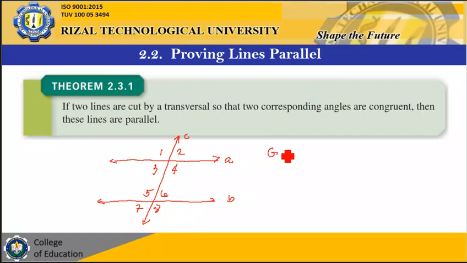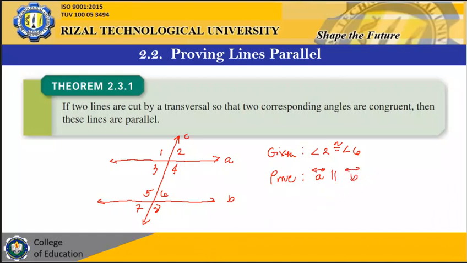Given, according to our hypothesis, let's say angle 2 is congruent to angle 6, because we know that angle 2 and angle 6 are corresponding angles. What we are to prove is the conclusion, which is that line A is parallel to line B.